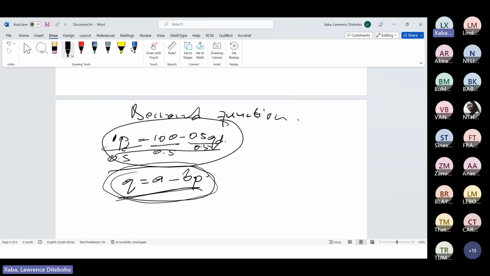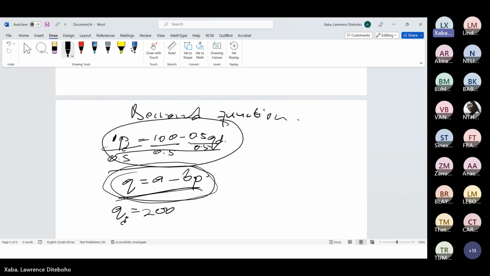And when we divide, we end up having Q equals to, if you divide here, you end up having 200.